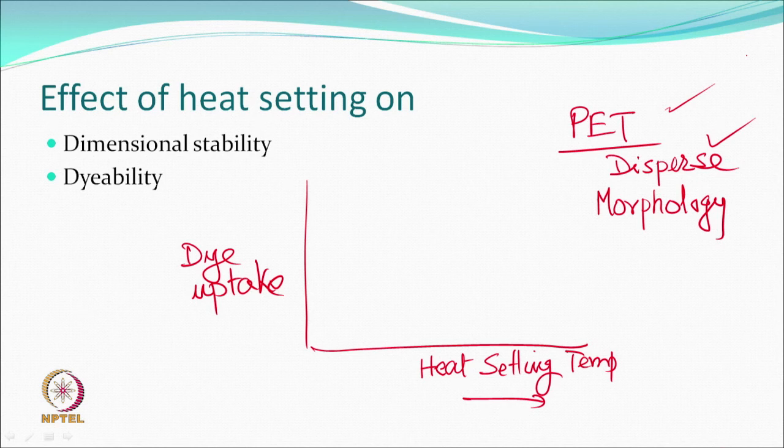So, what is happening by heat setting? We said crystallization will take place. So, as you increase the temperature, more and more crystallization will take place, true. So, what will happen to dye uptake?